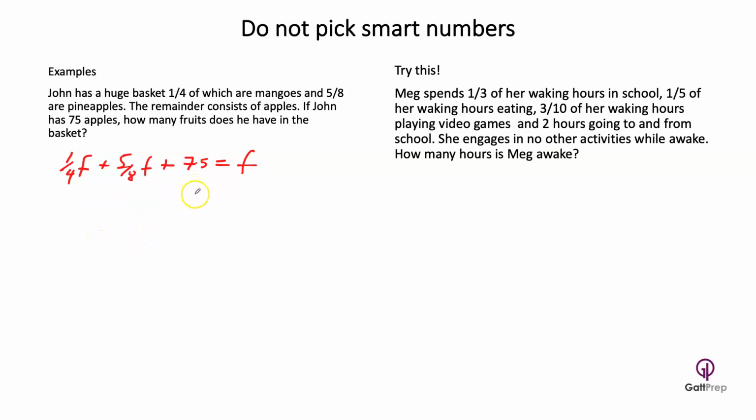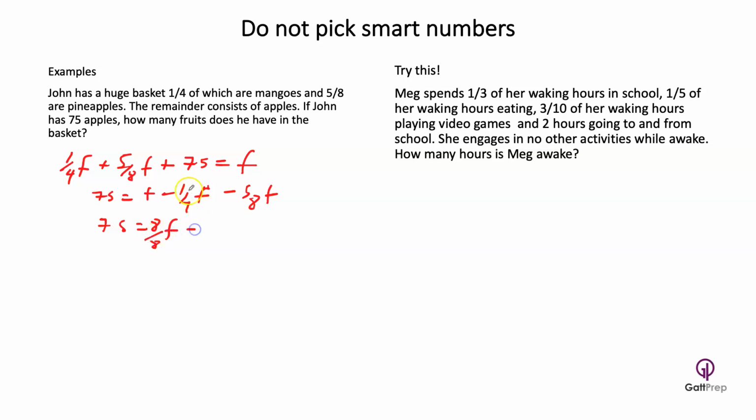Very, very simple stuff. And so what we can do is take all the variables to one side. We can say 75 is equal to f minus 1/4 f minus 5/8 f, f for fruit. Now we can find a common denominator, and here is only f, so we use a placebo fraction, 8/8.